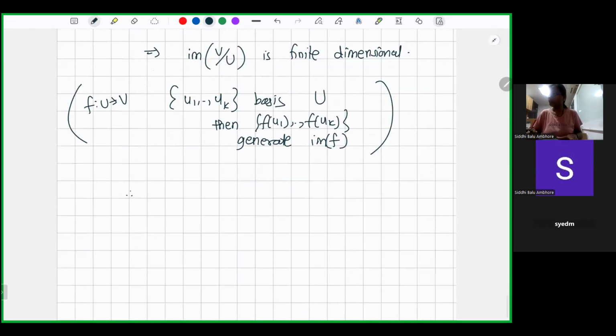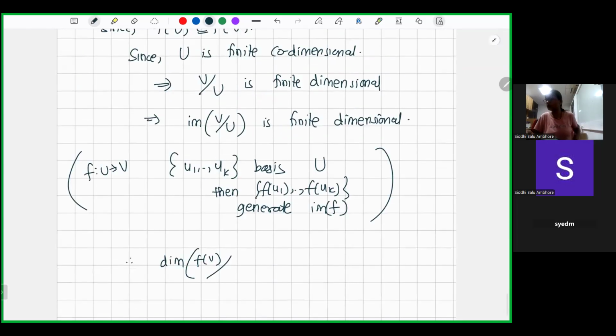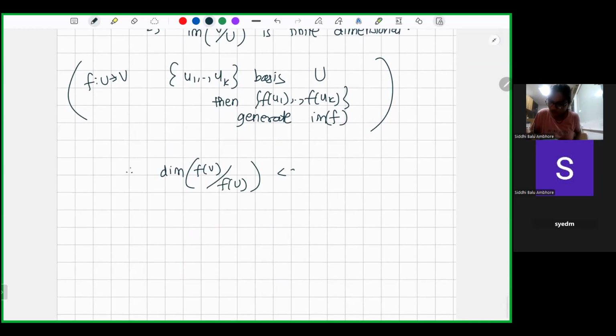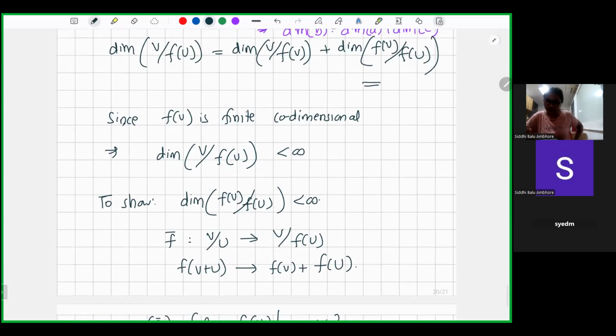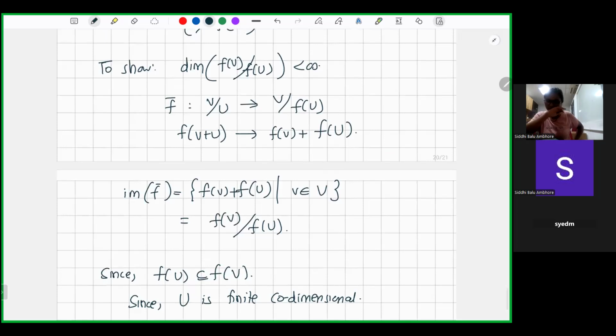And therefore, the dimension of f of V quotiented by f of U will be less than infinity. How is that the case? Yeah, the image is finite dimensional.